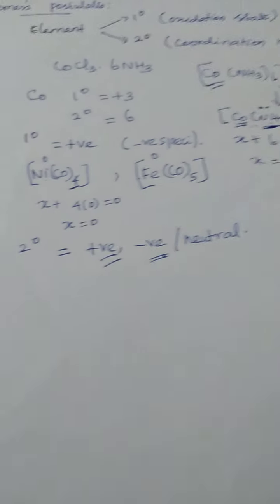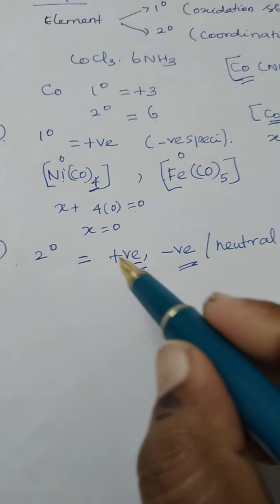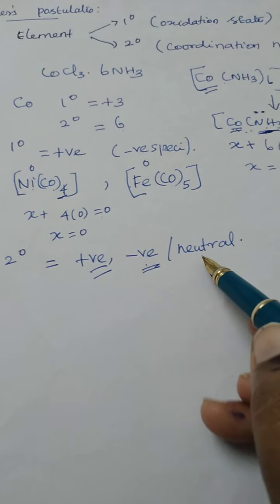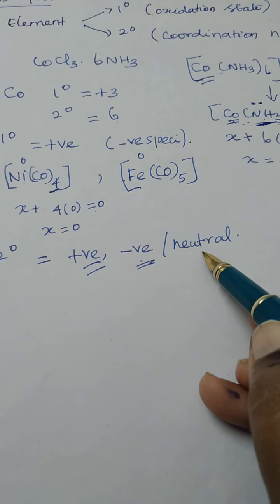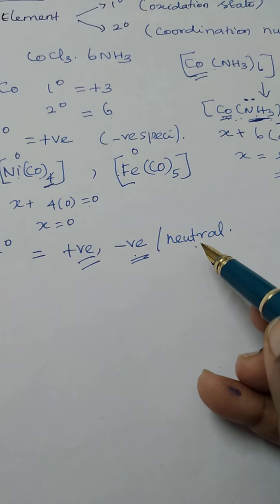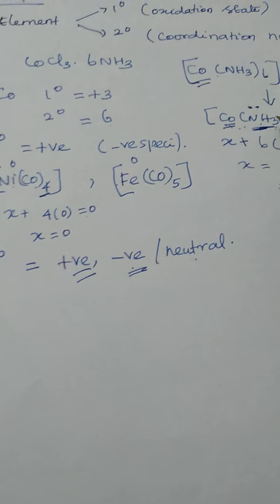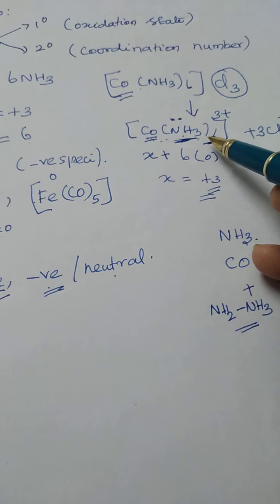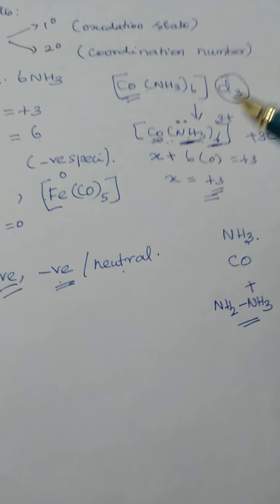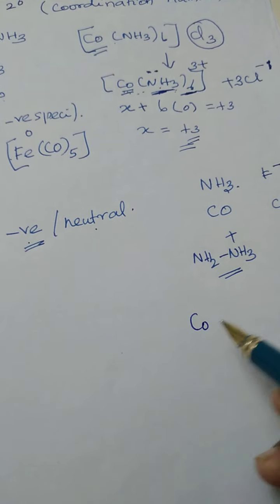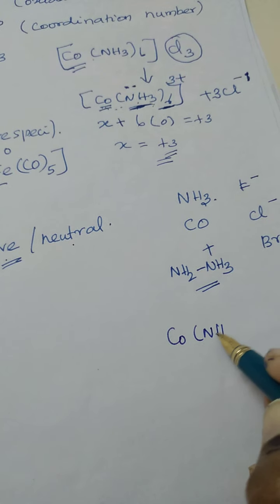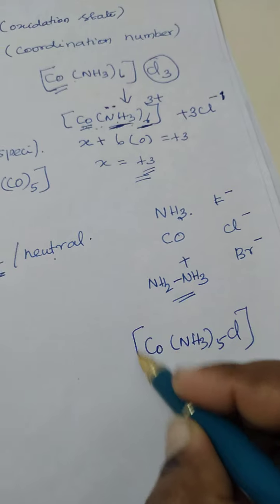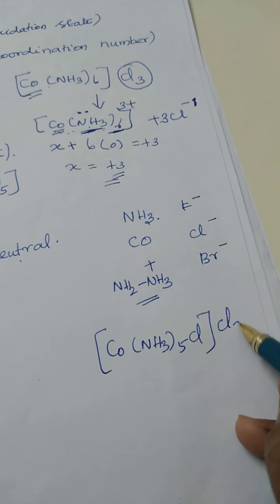So the secondary valency can be satisfied either by the positive ligand, the negative ligand, or the neutral species. That is the third point. For example, we are considering [Co(NH3)6], in that 6 ligands. Then another example, [Co(NH3)5Cl]. Outside the complex I am writing Cl2.